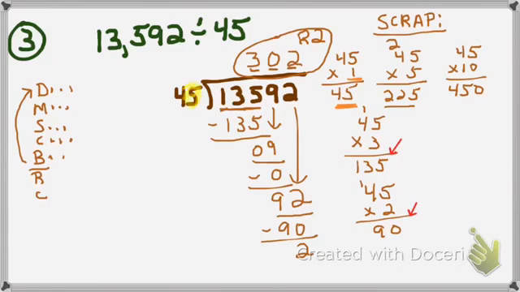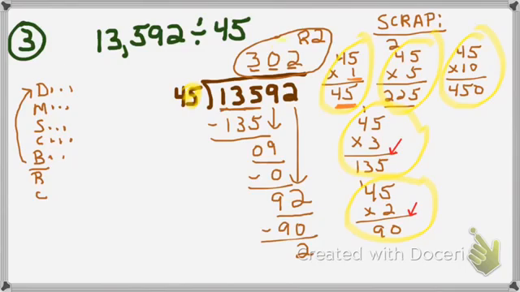So we say our divisor times 1, our divisor times 5, and our divisor times 10. We know those are pretty easy because the 1 and 10 are simple, and 5 is easy enough to figure out. Those benchmarks help us as we work down the line to figure out what we should guess and check as we do other multiplication problems to find the answer to this division problem.